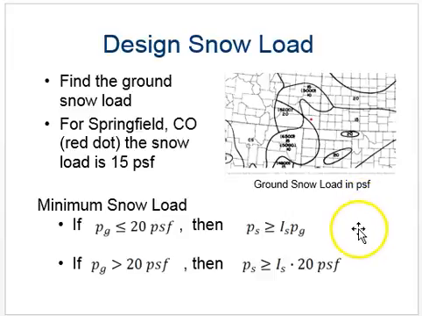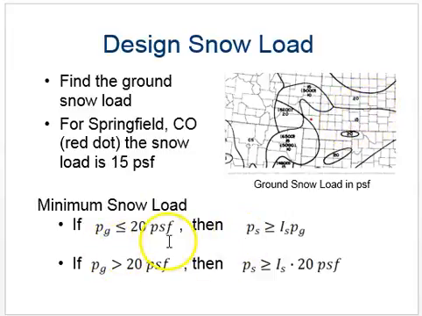So design snow load. We'd have to look in our codes to find a map that'll tell us what the loads are. For instance, in Springfield, Colorado, where the red dot is right there, the load is 15 PSF, which we can see right here.